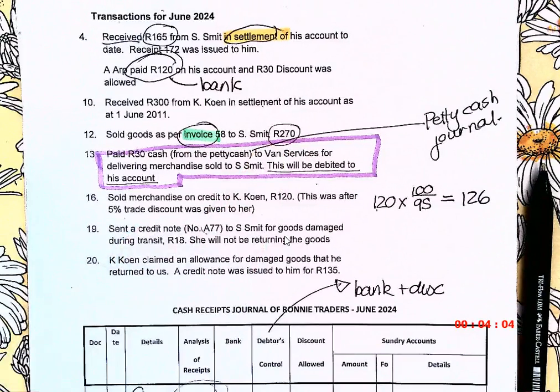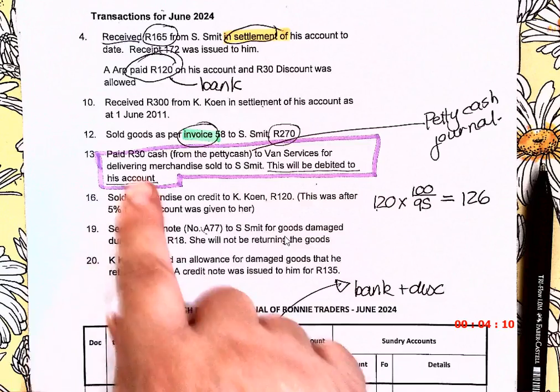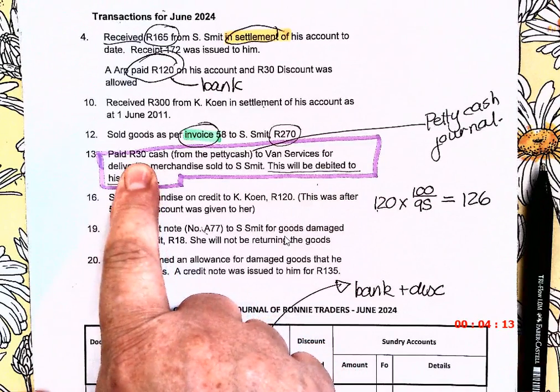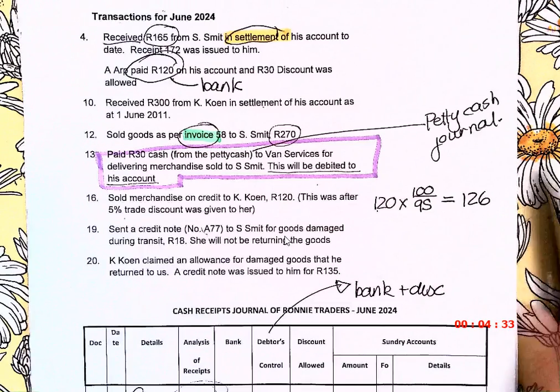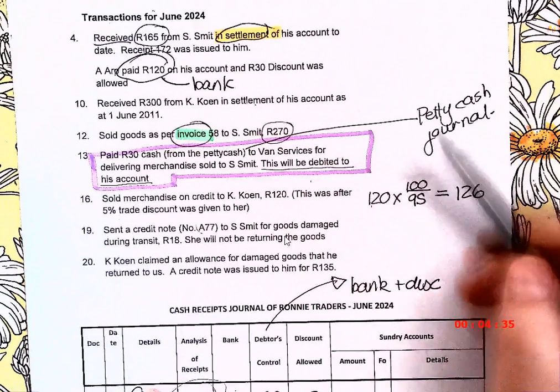So it's his responsibility to have it delivered to him. So we pay the guy who delivers 30 Rand cash from our little petty cash box, and we deliver it to Smith. But even though we paid it, we're going to charge it to his account so that he pays us that 30 Rand back.